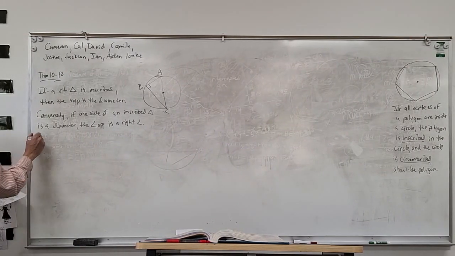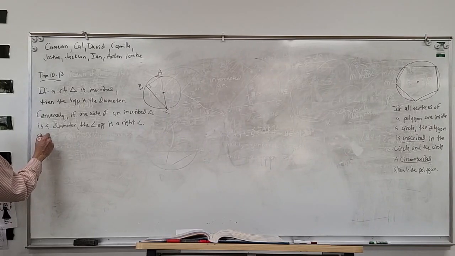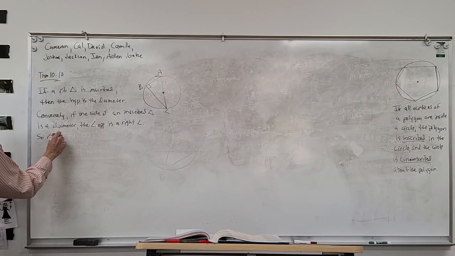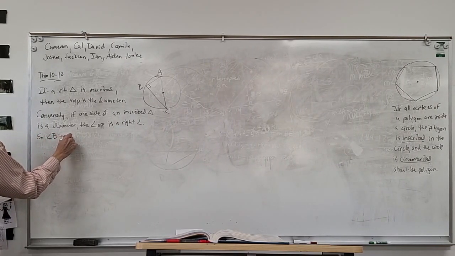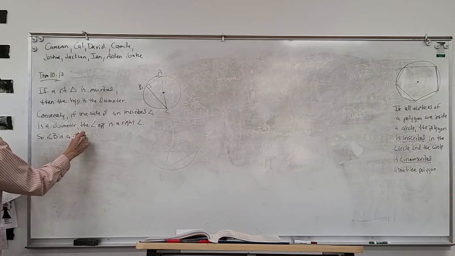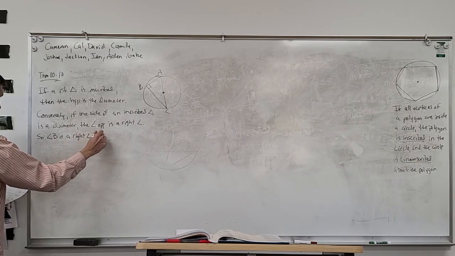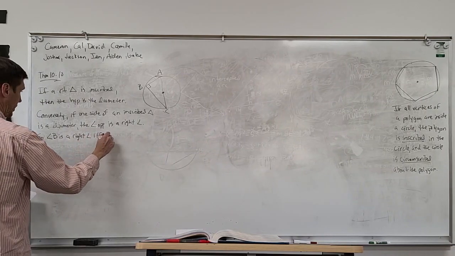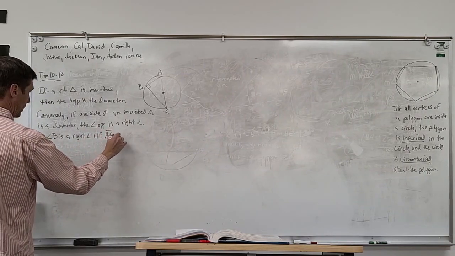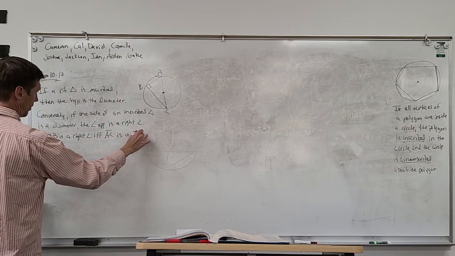So to say that succinctly, we could say angle B is a right angle if and only if AC is a diameter.